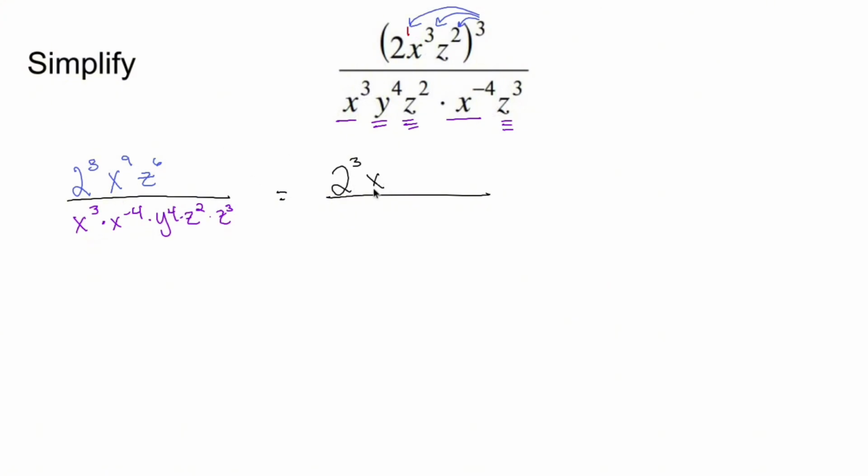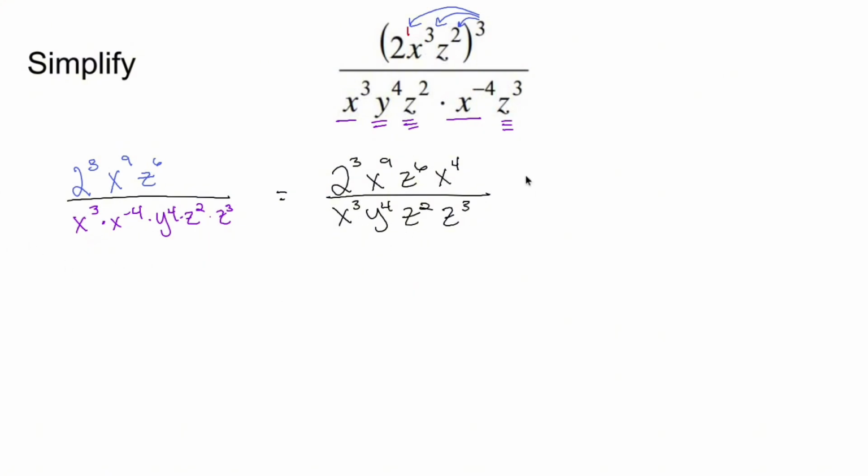X to the positive 9 stays. Z to the positive 6 stays. X to the positive 3 stays. X to the negative fourth moves to the top and becomes x to the positive fourth. Y to the fourth stays. Z squared stays. Z to the third stays.